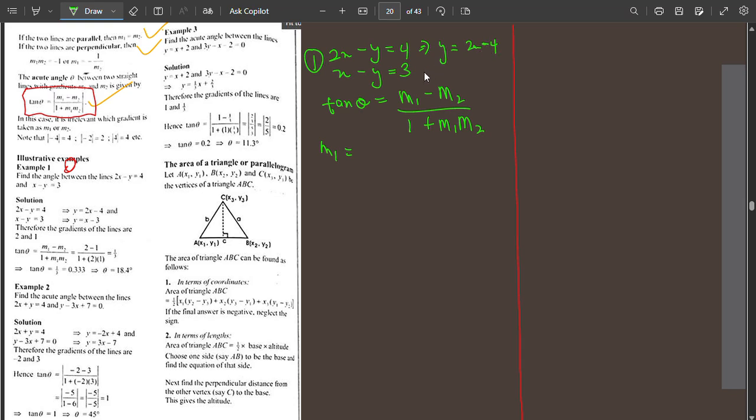And if we express this one, that would be y is equal to x minus 3. So m1 is 2, and m2 is 1. Now let's put it in the formula.